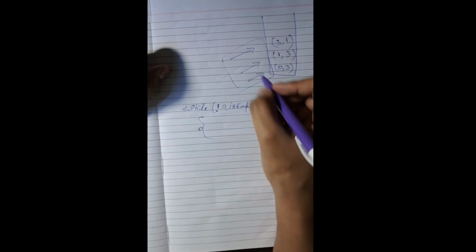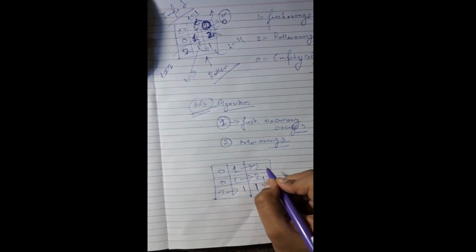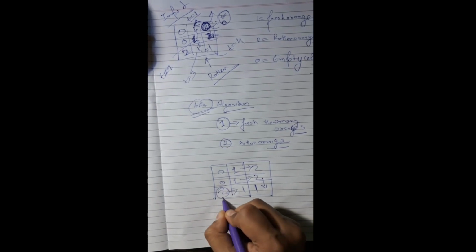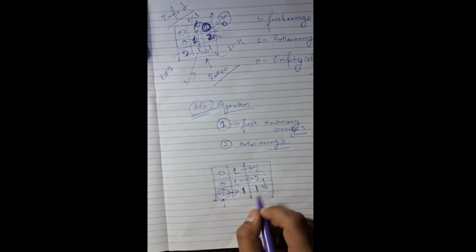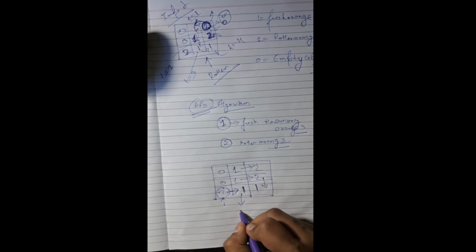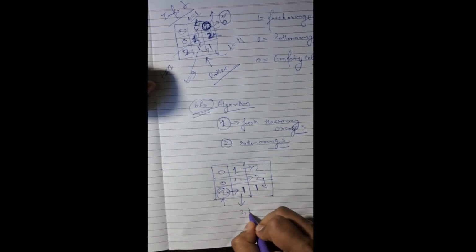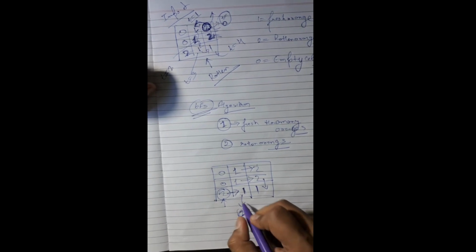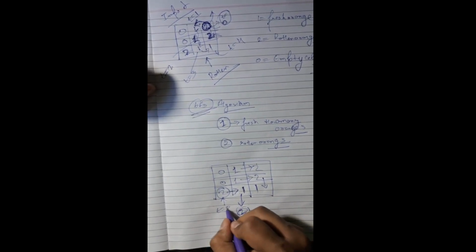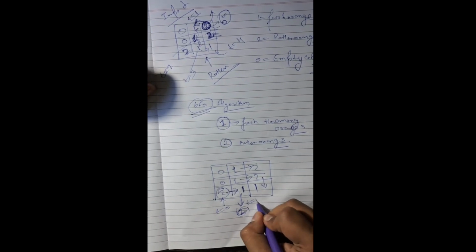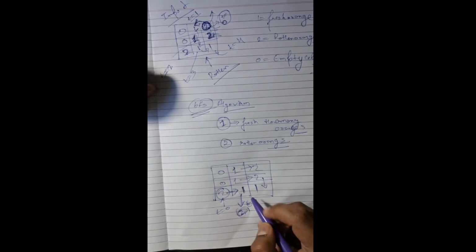Then we see who the neighbors are. If you pick out 3 comma 1, we can see that the neighbor of this is this one, so this will be converted to 2 comma 1. The time taken by this element was t equal to 0, so this will now have t equal to 1, because coming to this element increases the time.